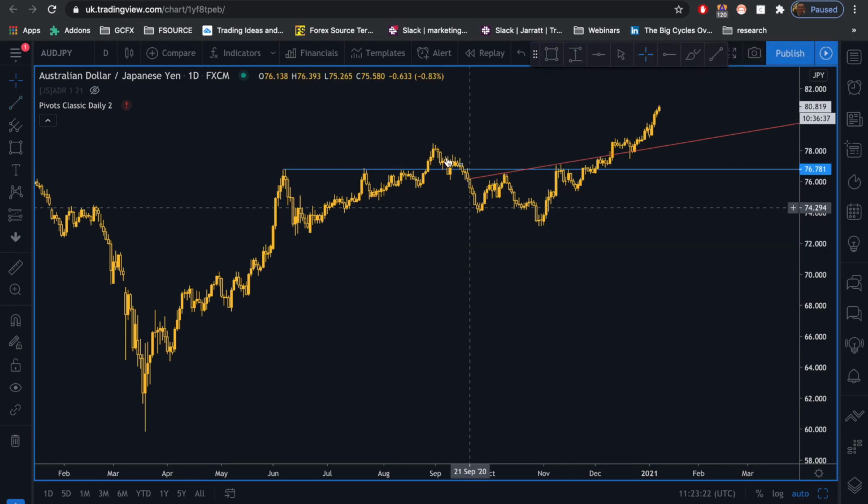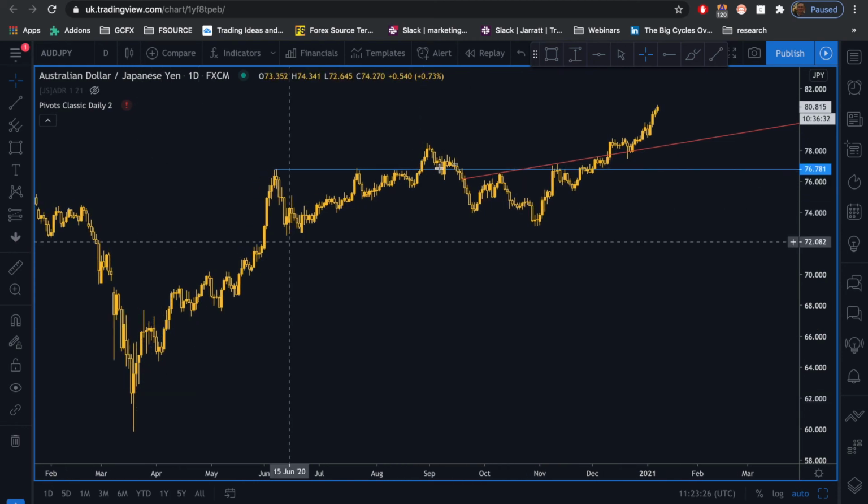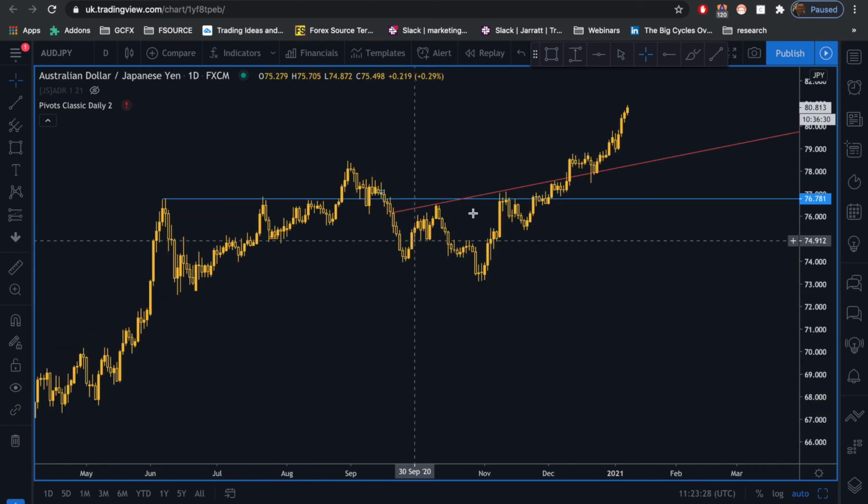So you could argue it's a minor, a very small reversal, but with this strong run up higher, that to me is more a continuation pattern than a reversal pattern. So in an ideal world, you'd want that continuation pattern to be right up the top here. But this is close enough, and given the strong fundamentals for the Australian dollar Japanese yen currency pair, this was a great trade to enter.